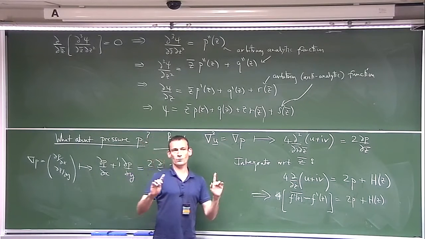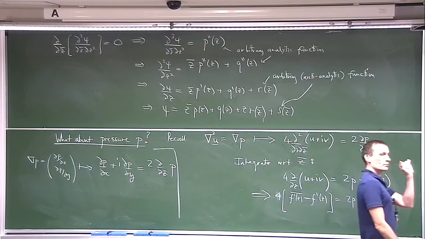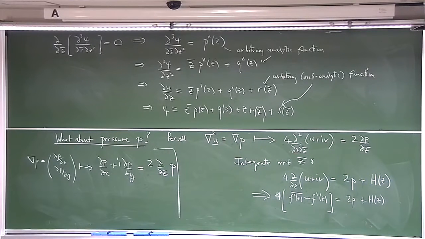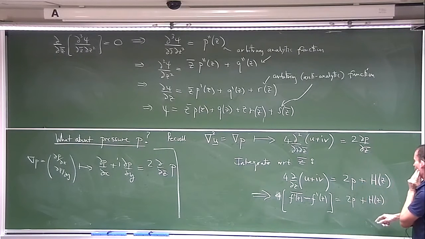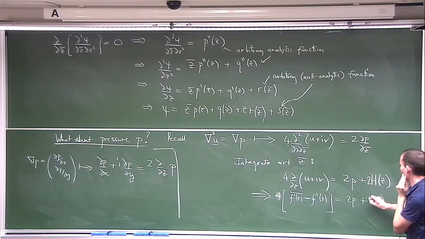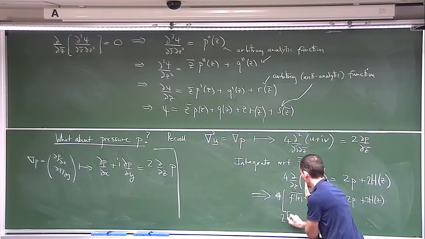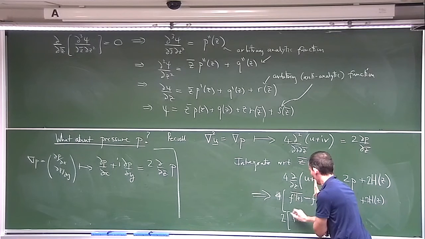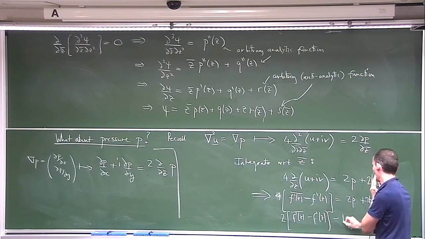Can anybody see what H has to be in order to make sure that P is always real? Right, let's call that 2H. It's arbitrary, we don't know it yet, and divide by 2. And move it over here.